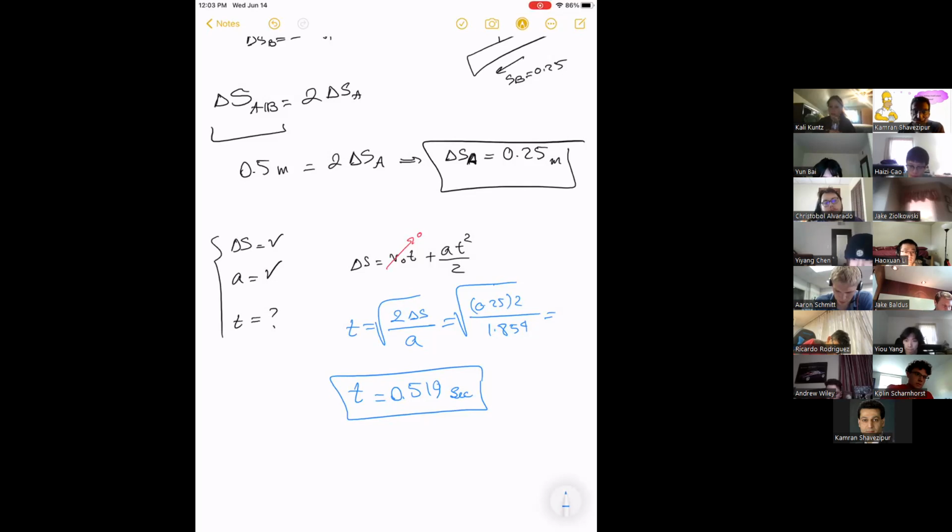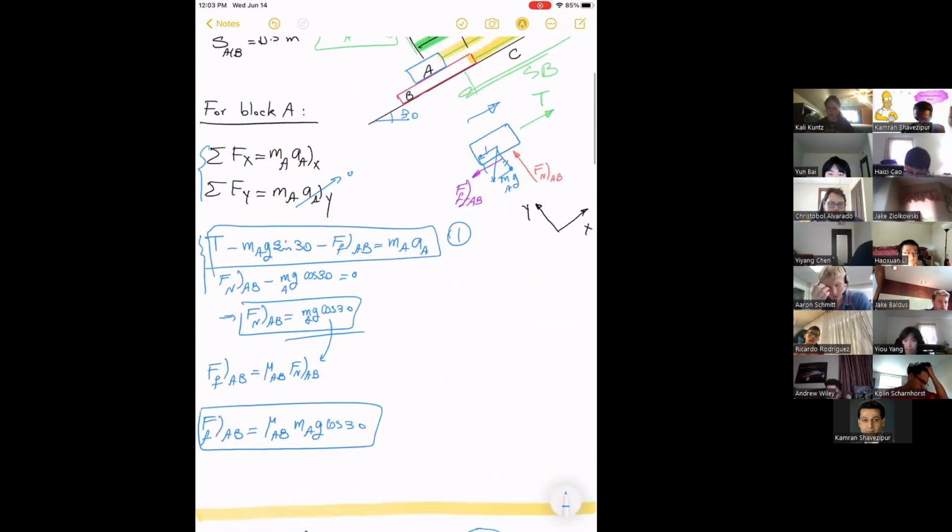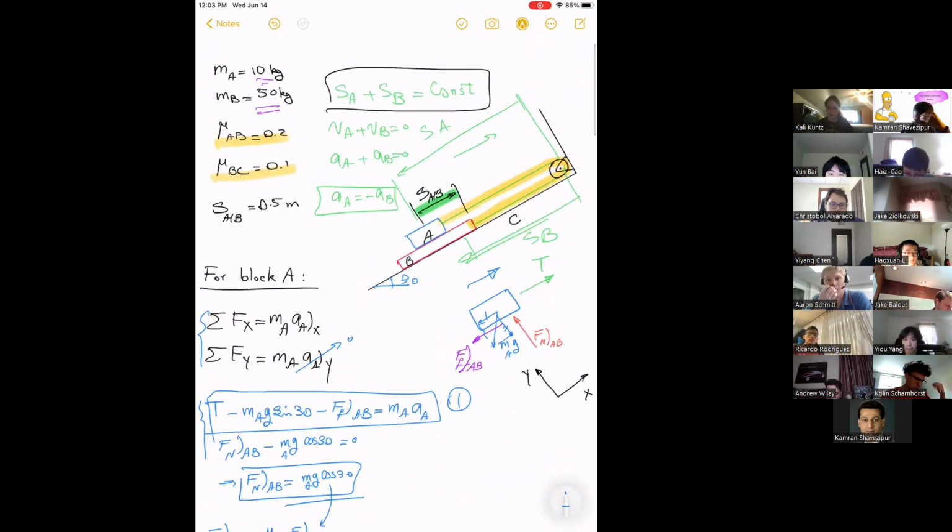Any question about this? So I think this was an interesting problem, kind of giving you different perspectives. I'm going to go back to the schematic, right?